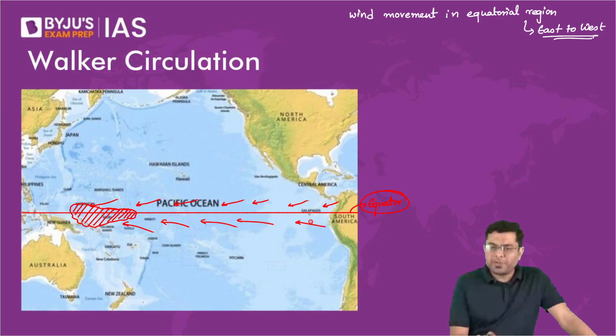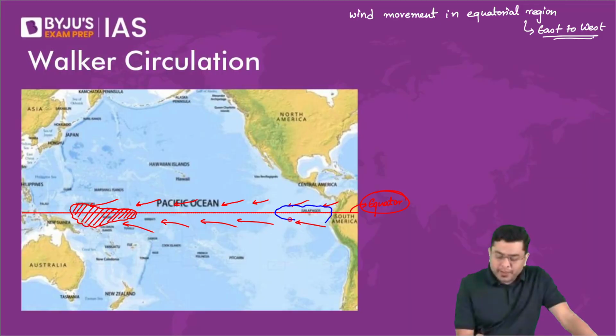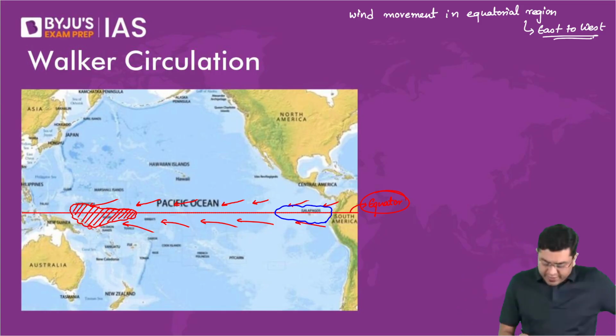Cold water moves up, cold water rises up. So this will be colder region. Water here will be colder, isn't it? So here you have the accumulated warmer waters. So let's say here you have accumulated warm water.